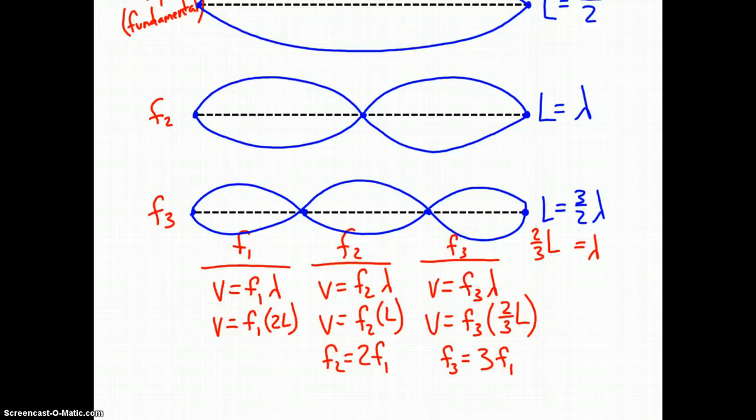So the third harmonic is triple the fundamental frequency. If you have any questions on any of this, feel free to ask in class. And this wraps up our discussion on standing waves on a string.